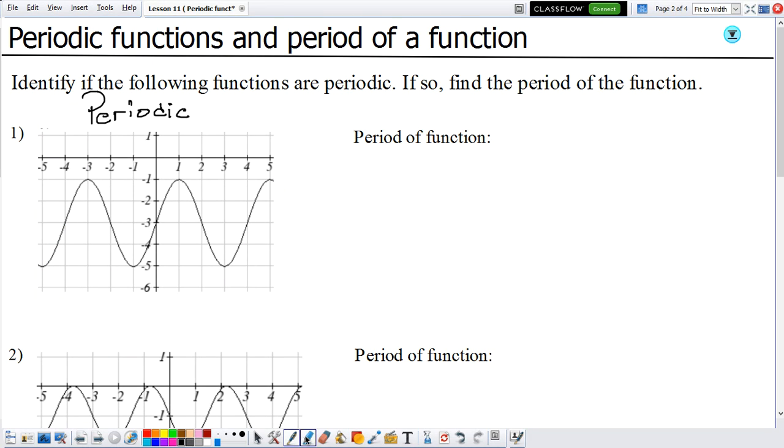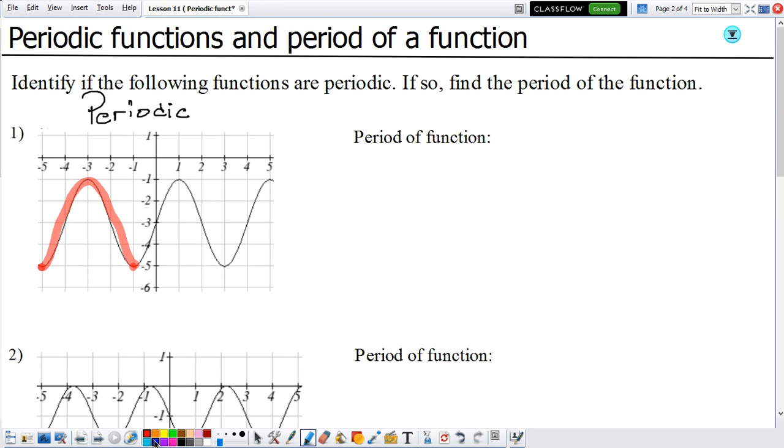So now, because this graph is periodic, we can talk about the period of the function. How long does it take for this graph to complete one full cycle, to complete one full shape? Well, the easiest way to do it is to pick two low points and see how long it takes for this graph to hit those two points.